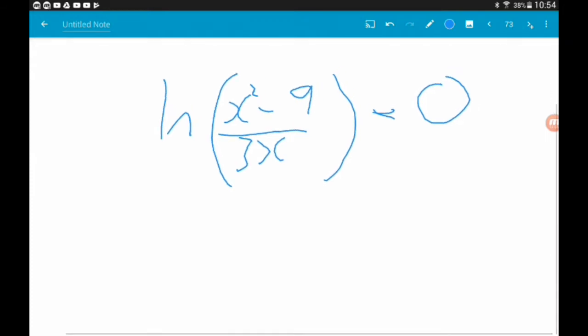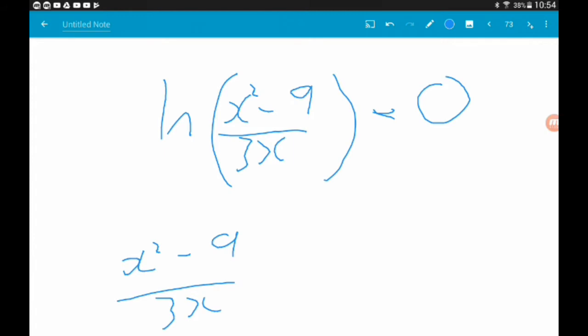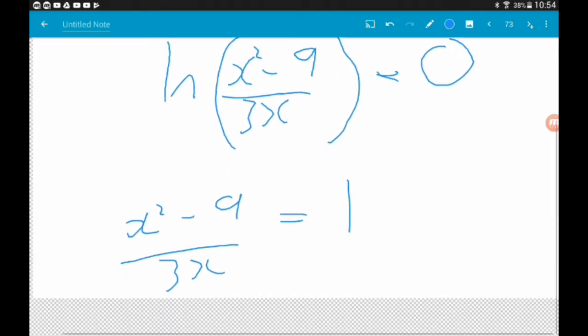Now that cancels out the log, so we get x squared minus 9 over 3x on the left equals e to the power of 0. E to the power of 0, anything to the power of 0 is 1.